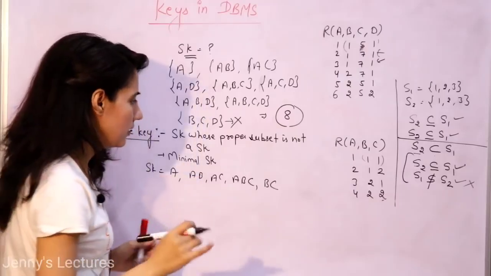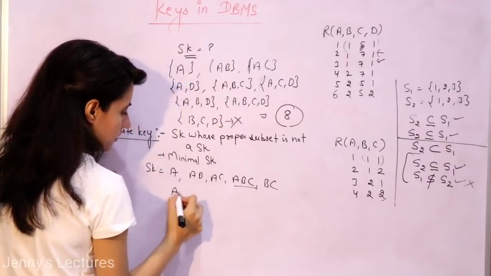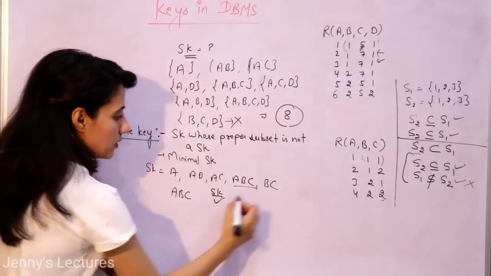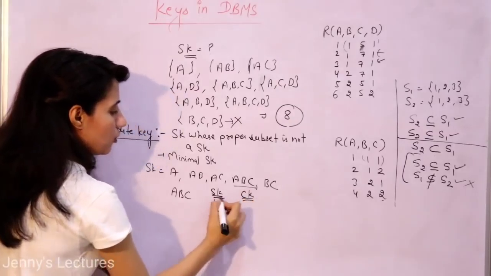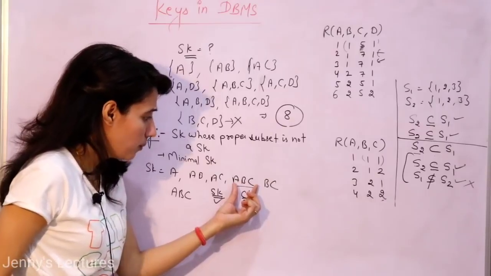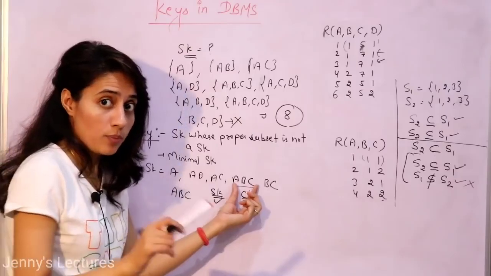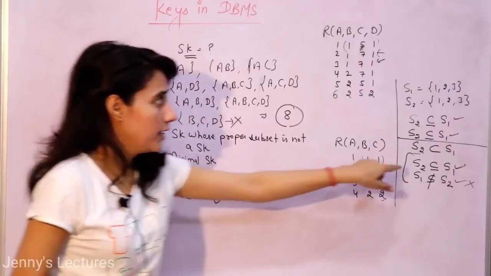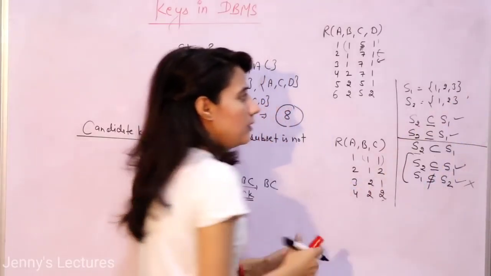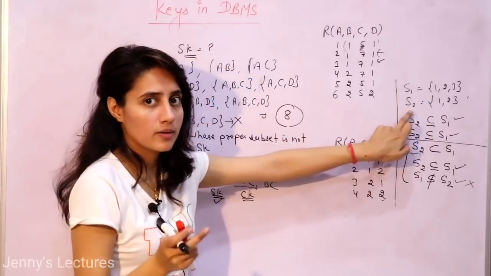Fine. Now see, if I take ABC, ABC is a super key. Check if it is a candidate key or not. First of all, check the proper subsets of this ABC. Proper subset means, if here we have 1 2, S2 is a proper subset of S1, right?